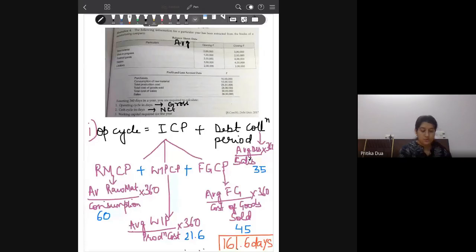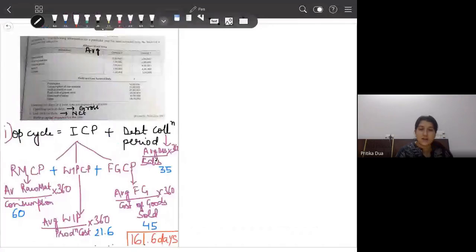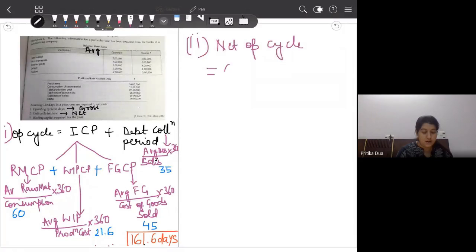So we come to the second part, which is calculation of the cash cycle. Cash cycle is nothing but your net operating cycle, which will be gross operating cycle less the credit payment period.